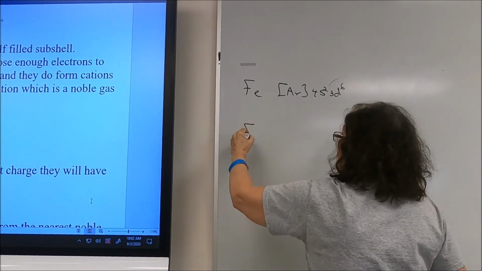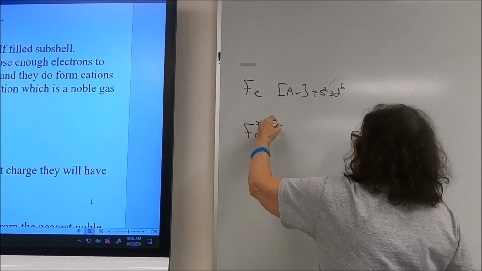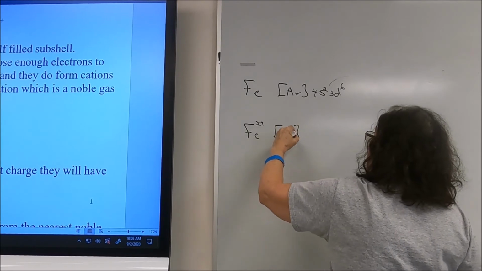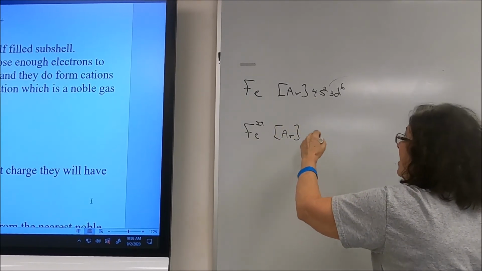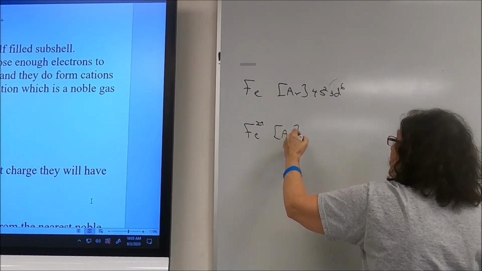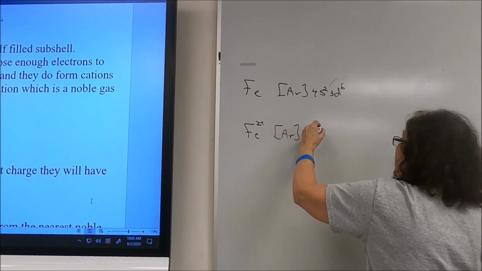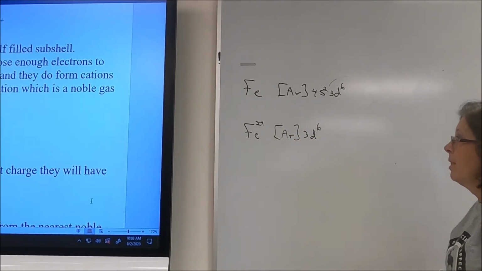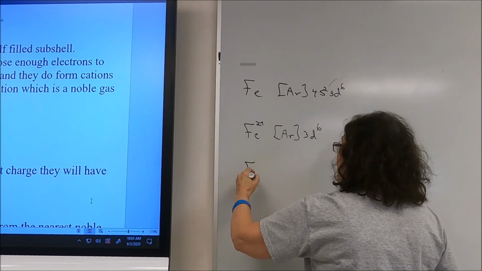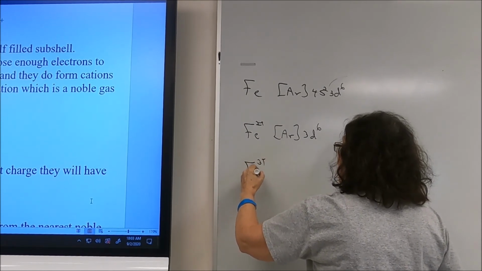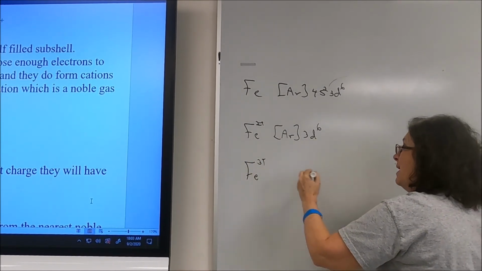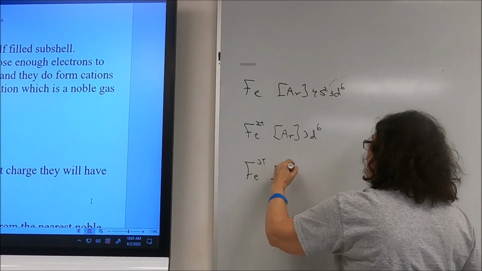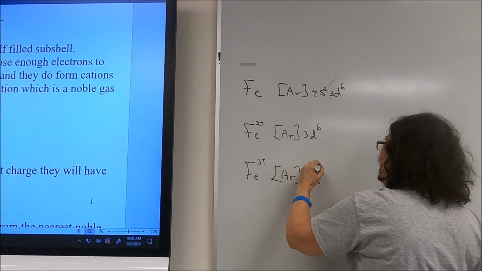Okay? When iron forms a 2+ ion, the first electrons it loses are its 4s. So it becomes argon 3d6. When iron forms an iron 3+, it now loses one of those 3d electrons and becomes argon 3d5.